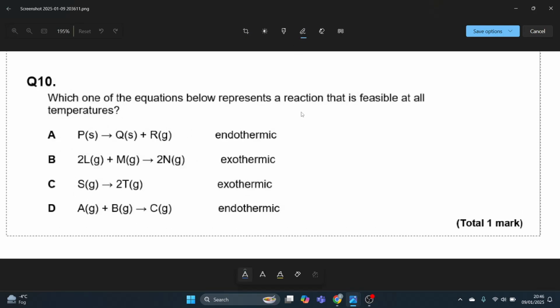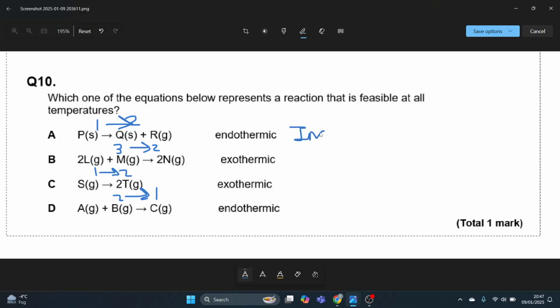Very nice question. Which one of the equations below represents a reaction that is feasible at all temperatures? Okay, you can see that there's clearly an increase in entropy here, a decrease in entropy here, an increase in entropy here, and a decrease in entropy here.